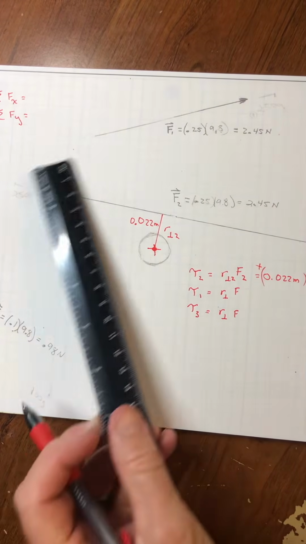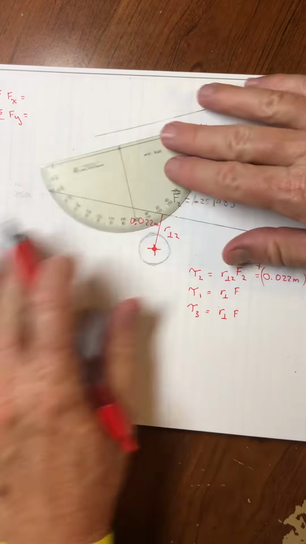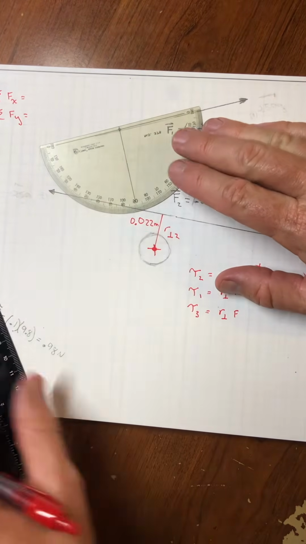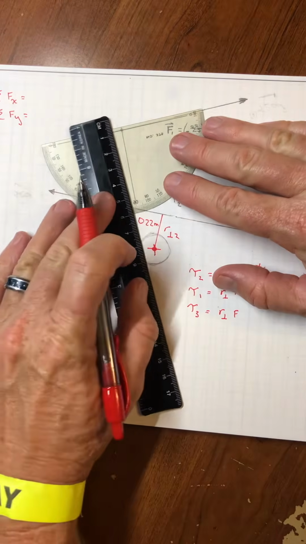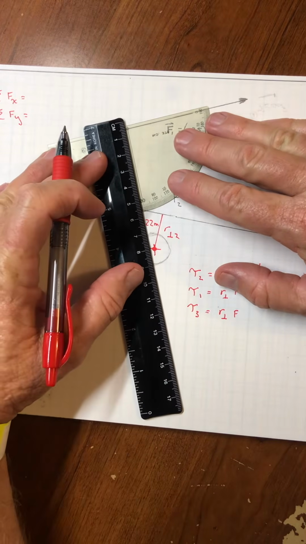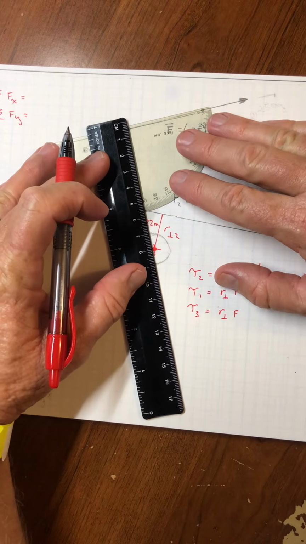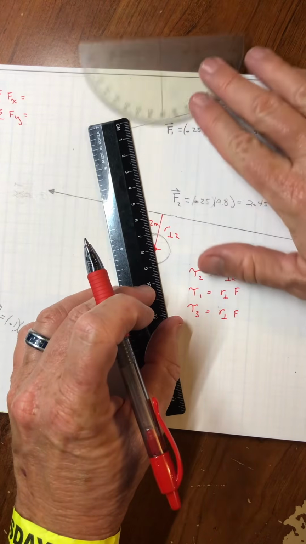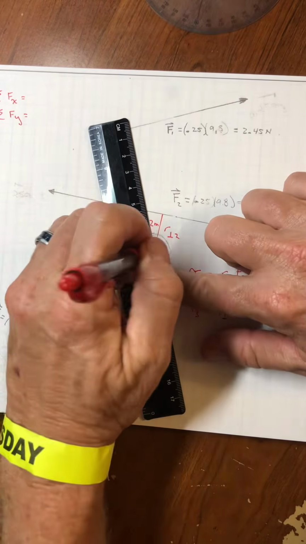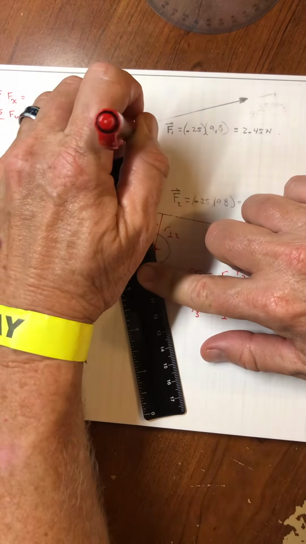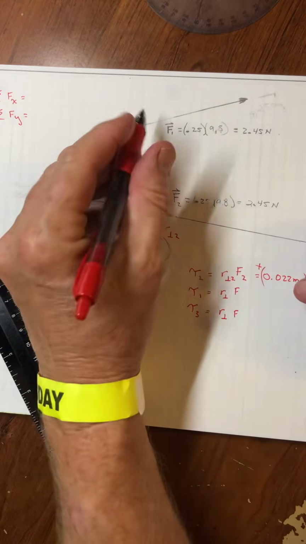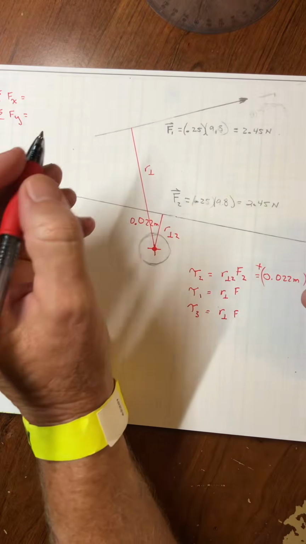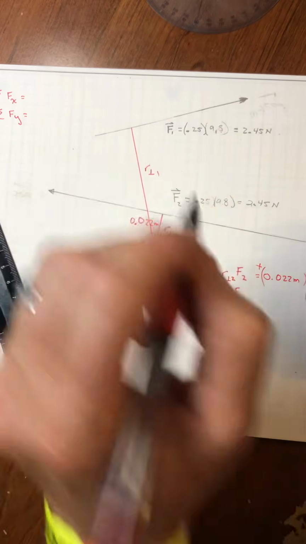Now, for number 1, I'll need to do maybe something like this. Here's the line of action. Let's see if I can mark the perpendicular distance carefully enough. And so I'll call that perpendicular distance number 1.